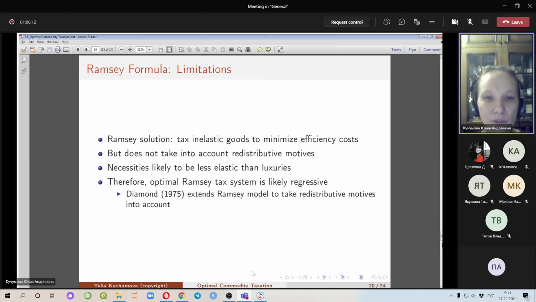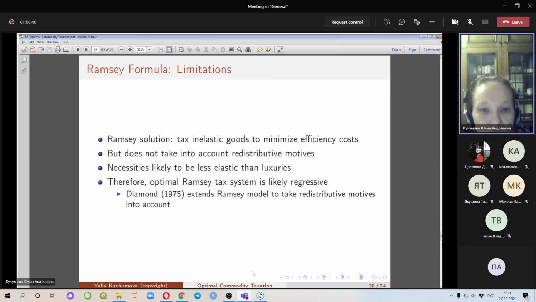Also, the other limitation of the Ramsey formula that we already mentioned, and I promised you to come back to this, is that through the Ramsey formula we said that we need to tax inelastic goods to minimize efficiency cost. But then we see the problems with redistributional motives.